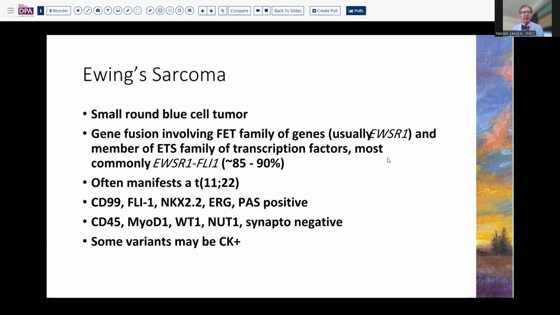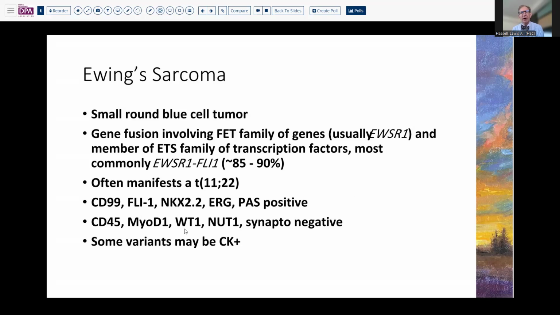So immunohistochemistry, as we've indicated, CD99 is very helpful. FLI1, less readily available, but can also be positive, as well as NKX2.2, ERG, and so forth. The things that we would not be considering here, would not expect to find, would be CD45, MyoD1, WT1, NUT1, which can occasionally have a small blue cell appearance, and certainly any neuroendocrine markers would also be expected to be negative.